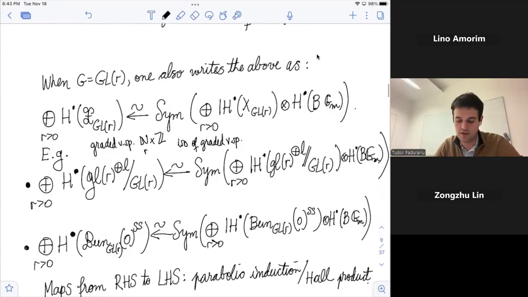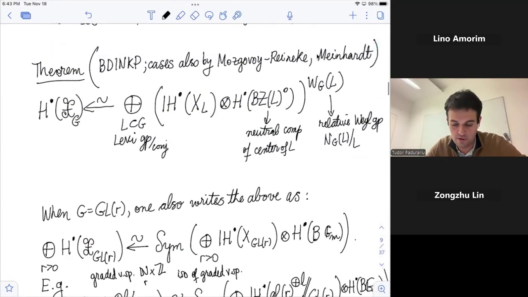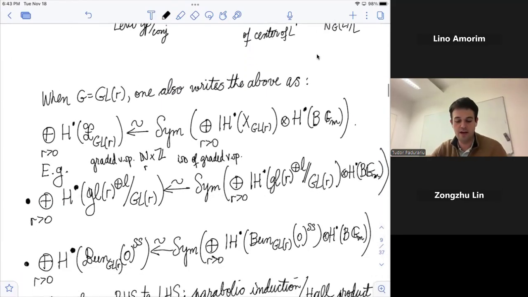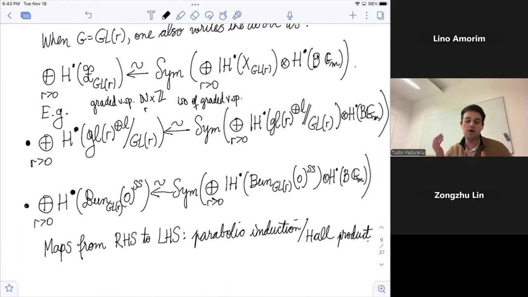So these are some examples. And maybe just to mention the example of these authors, Mozgovoy, Reineke, and Meinhardt. They looked at cohomology of the stack of degree 0 semistable rank R vector bundles on a smooth projective curve.